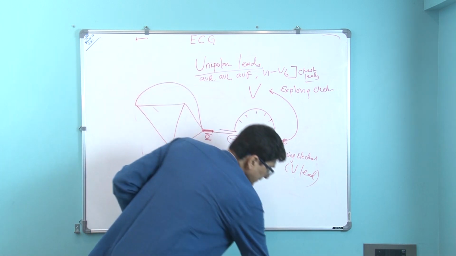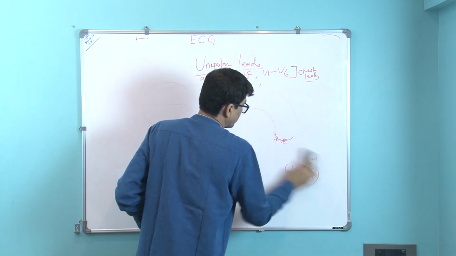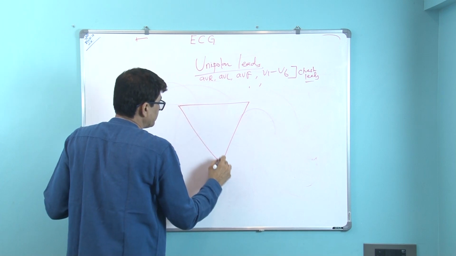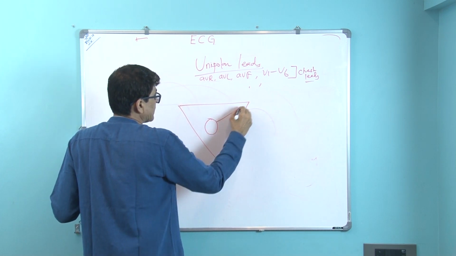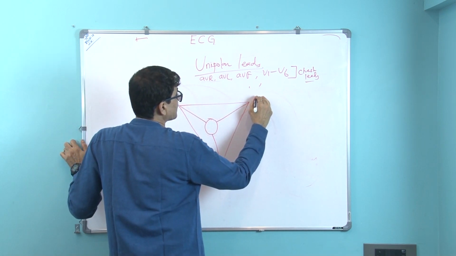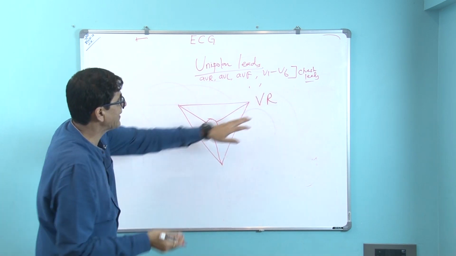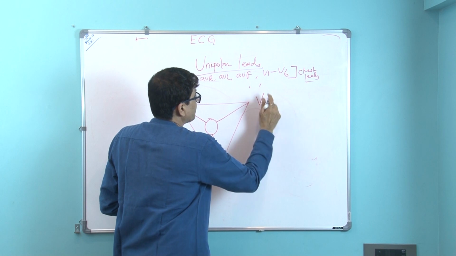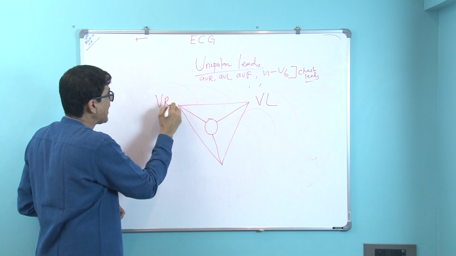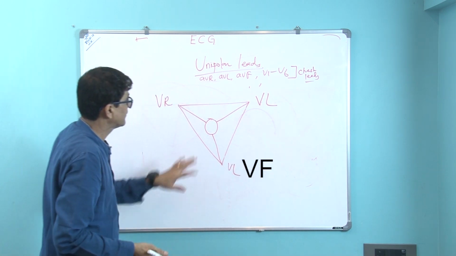Now we will see what the V leads are. This is your triangle, this is your heart, 1, 2, 3. This is a V lead, but because it is to the left, it is VL. When it is to the right, it is VR, and when it is to the leg, it is VF.